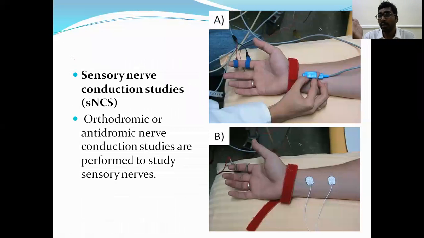That is called orthodromic nerve testing. If you do the reverse, against the natural nerve fiber impulse direction, giving the stimulus here and recording here, this is called antidromic sensory nerve conduction study. A and B are examples of antidromic and orthodromic nerve conduction studies.